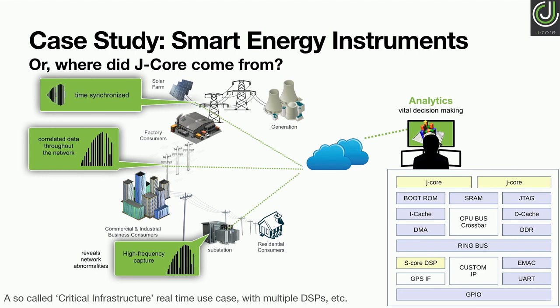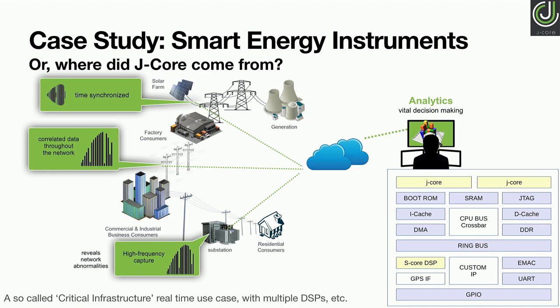And the reason you need to do this is because you want to see all the reflections on these transmission lines in order to calculate where faults are, where discontinuities are. That's neither here nor there for what we're talking about today for J-Core, but this is where the platform came from.